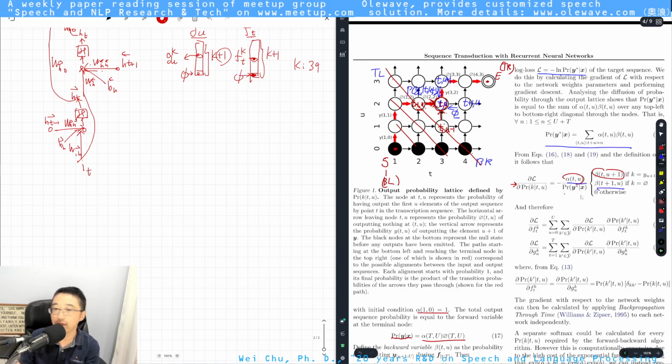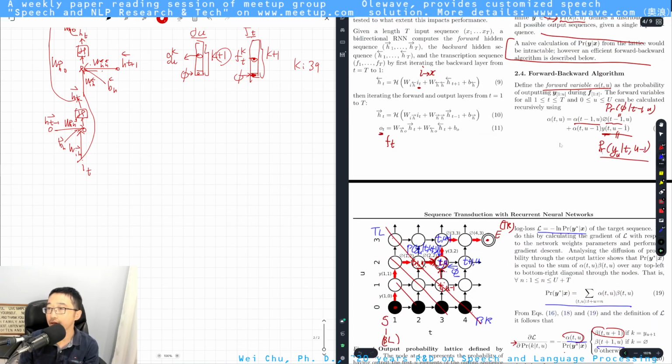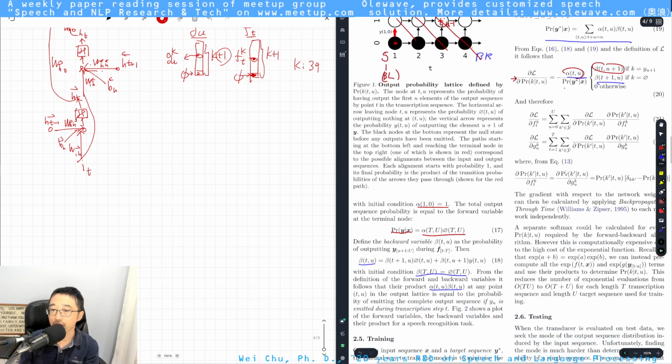Just check the equation 16. Sorry, not 16. Not equation 16, this equation. This is a homework for you. Just check the equation 18. Okay, you will get this.